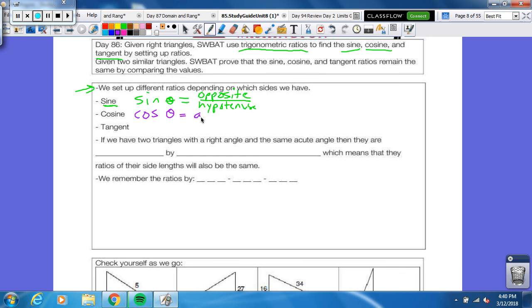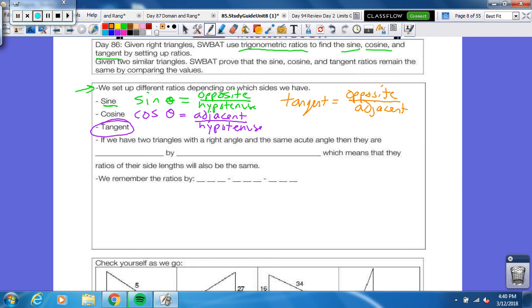Theta, that's going to be the adjacent, and we labeled these all last time, over hypotenuse. I'm going to show you what it all means in a second. Hypotenuse. And the last one is tangent. So tangent, right over here, tangent is going to be the opposite side over or divided by the adjacent side.